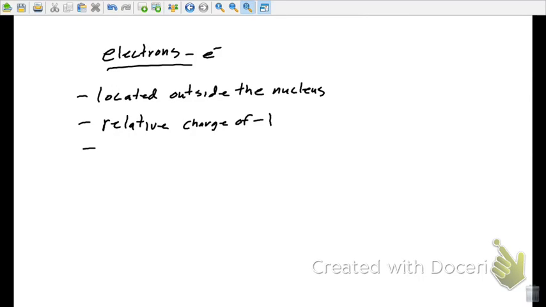Electrons give the atom most of its chemical properties. Electrons can be gained and lost by the atom.